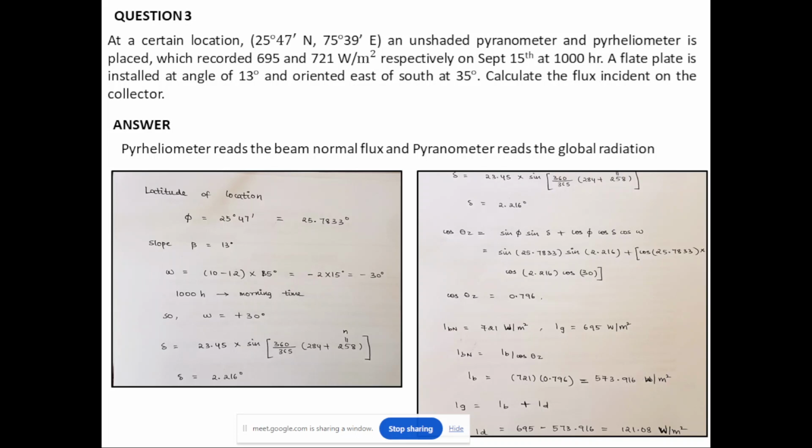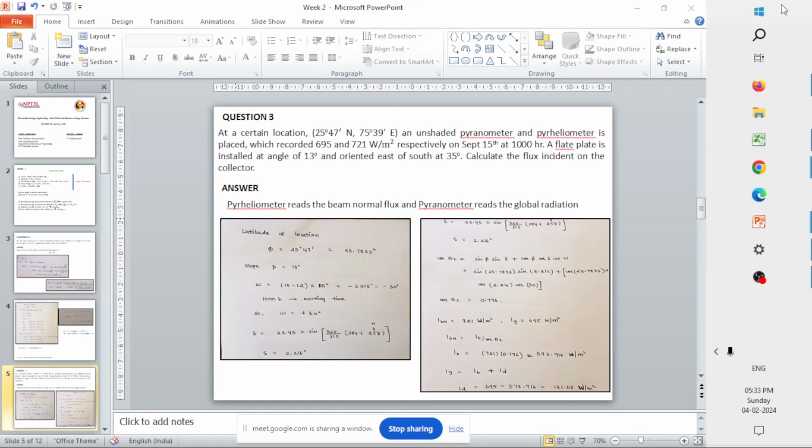Here again we have to calculate the parameters, that is the latitude of the location, phi, which is 25 degrees and 47 minutes, that comes to around 25.7833 degrees. So we divide 47 by 60 and then add it to 25 degrees. Let me show it once.